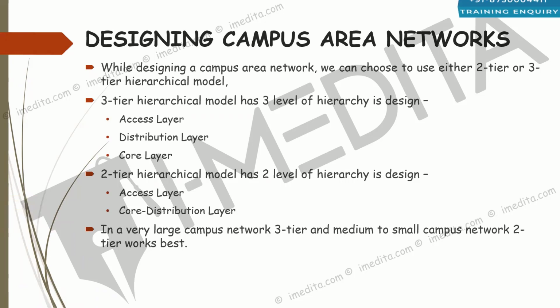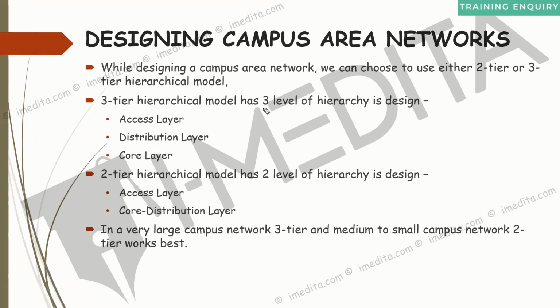To design the campus network, you have to follow either a 2-tier or a 3-tier hierarchical model. Either you can go for the 2-tier hierarchical model, or you can go for the 3-tier hierarchical model.